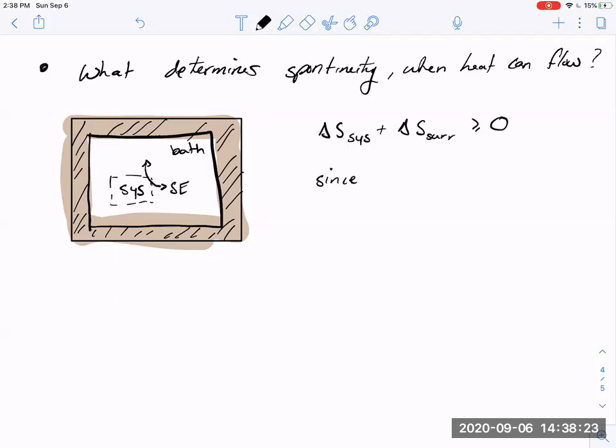Let's imagine that the mechanical variables of the surroundings are fixed. We're only performing manipulations on the system. That means that any change in the energy of the surroundings is not accompanying changes due to work, but are all being affected due to changes in heat.